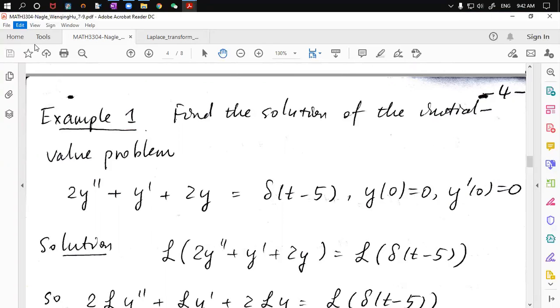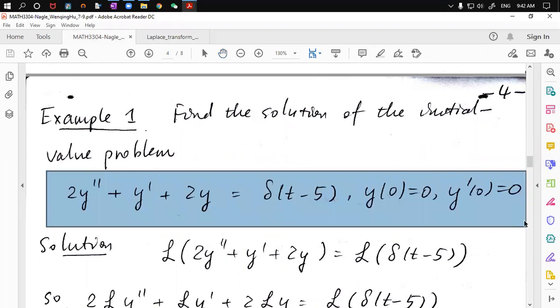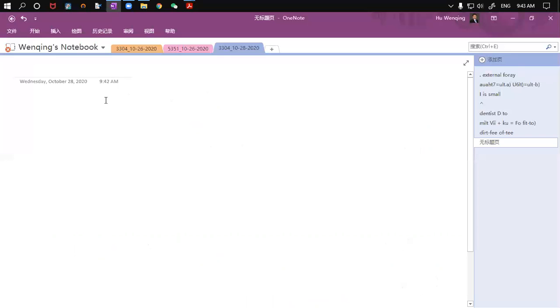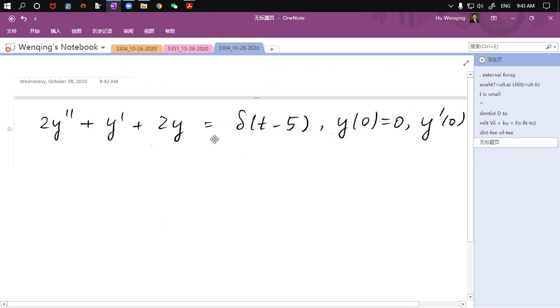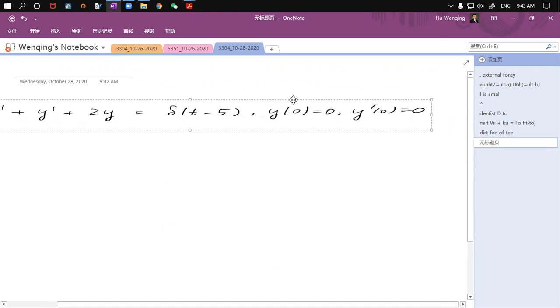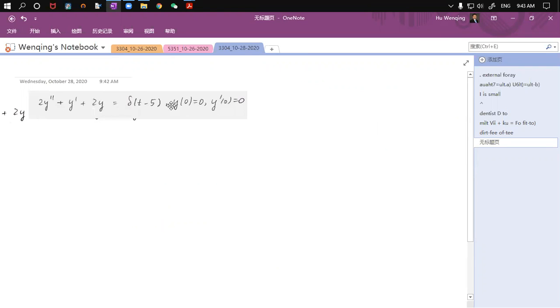So we're going to talk about this initial value problem. Let's put it here. We're going to quickly solve this initial value problem. And how do we solve it?